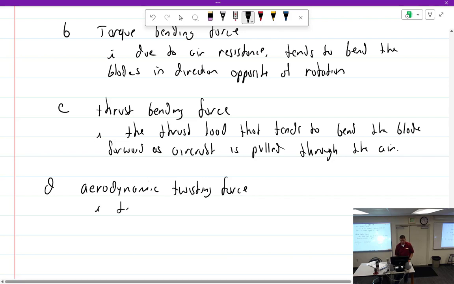It tends to twist the prop toward a high blade angle.